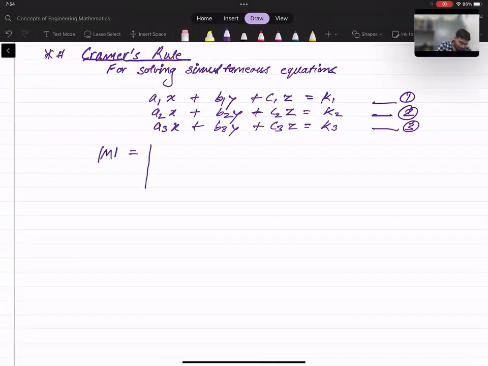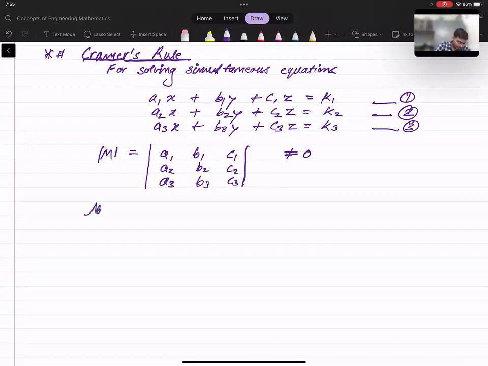So m is the determinant of coefficients, which will be a1, a2, a3, b1, b2, b3, c1, c2, and c3. For Cramer's rule to work, this determinant should not be equal to 0.